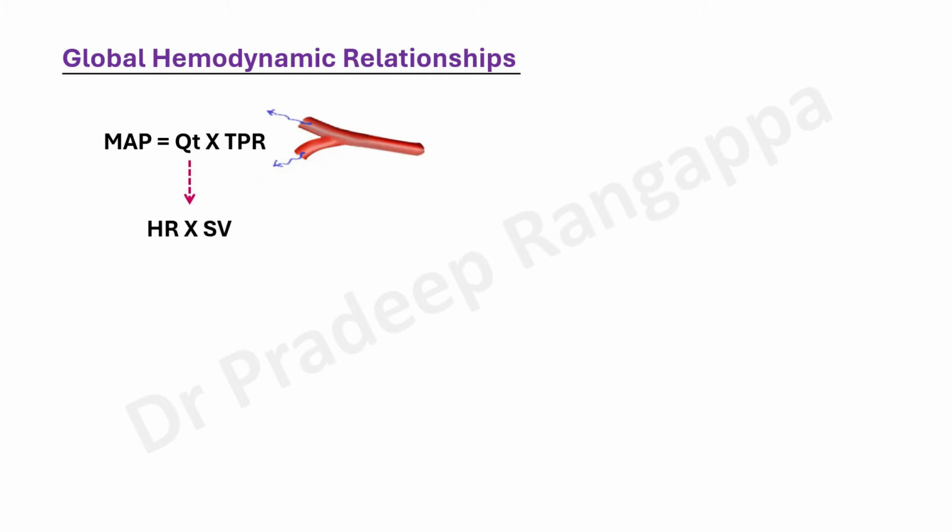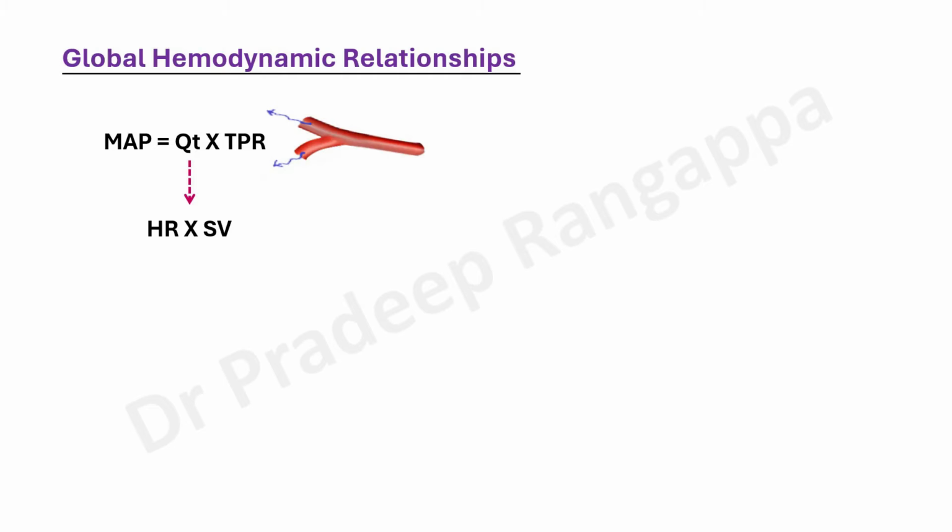And cardiac output is determined by two entities. Each of you who are working in ICU needs to know that these are the influencers of hemodynamic status. So you need good cardiac output, you need good peripheral resistance or perfusion pressure, and cardiac output is determined by heart rate and stroke volume.